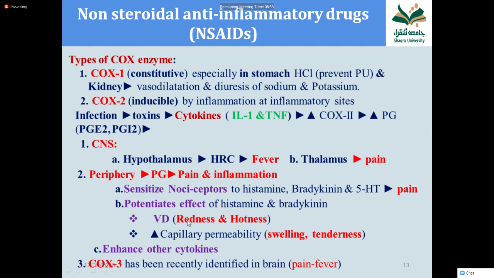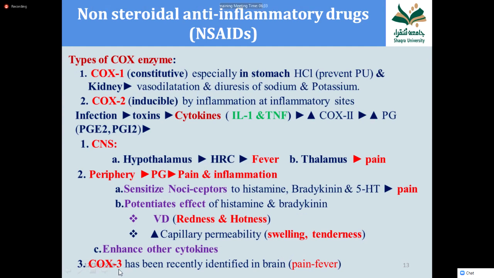So there will be the cardinal signs of inflammation, dolor and color, and increased capillary permeability, leading to swelling and tenderness. They also enhance other cytokines. So COX-2 is responsible for the increase in prostaglandin synthesis, which leads to all these effects.